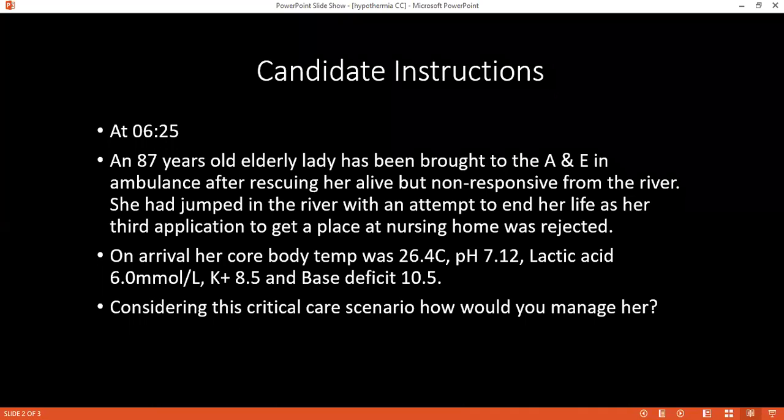Okay, can you please tell me what might be the causes of hypothermia? When can a patient have hypothermia?